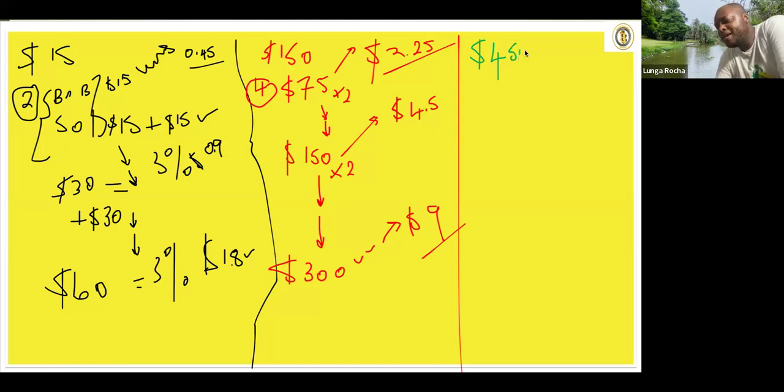But you cannot make $100 if you've never made $50. You cannot make $50 if you have never made $20. You cannot make $20 if you have never made $10. You cannot make $10 if you have never made $5. You can certainly not make $5 if you have never made $1.